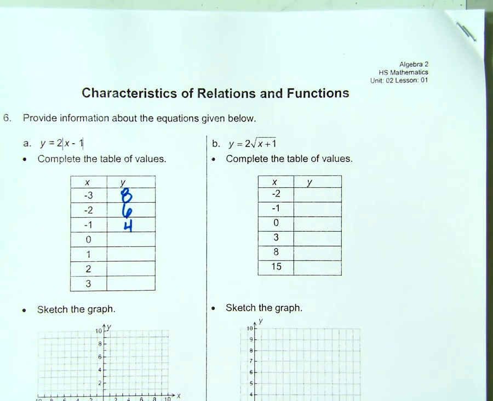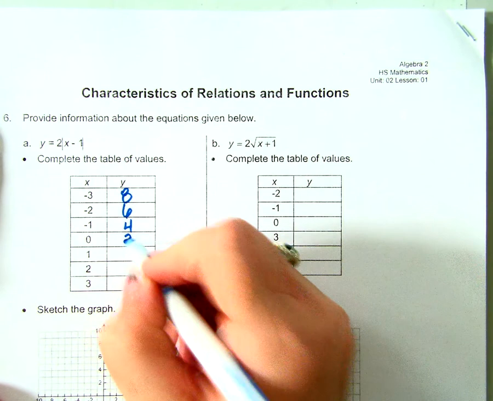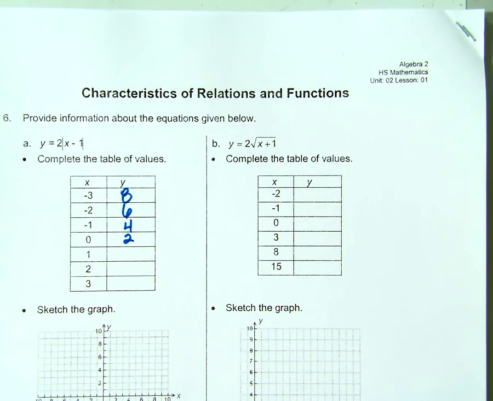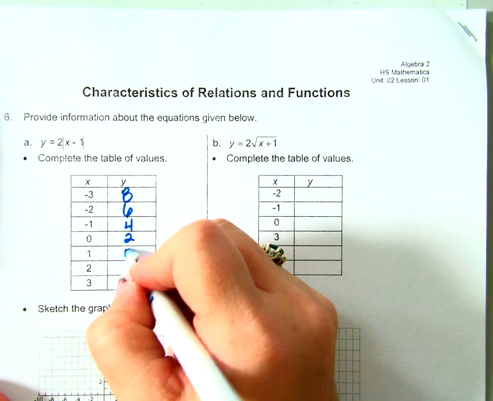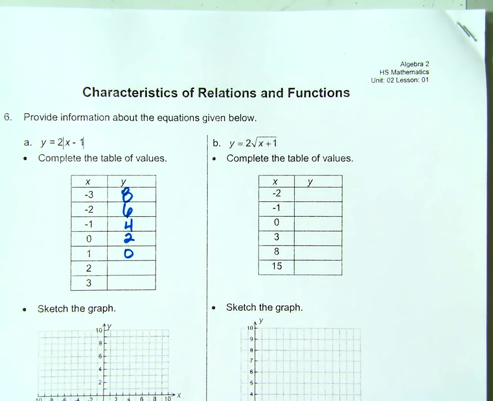What's 0 minus 1? Negative 1. Absolute value of negative 1? 1 times 2. 2. What's 1 minus 1? 0. What's the distance from 0 of 0? 0 times 2. 0. 2 minus 1? 1.